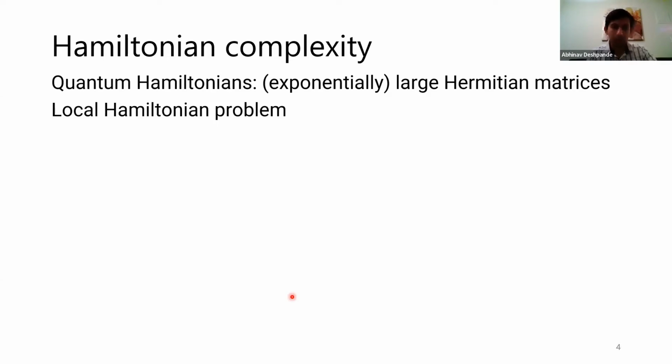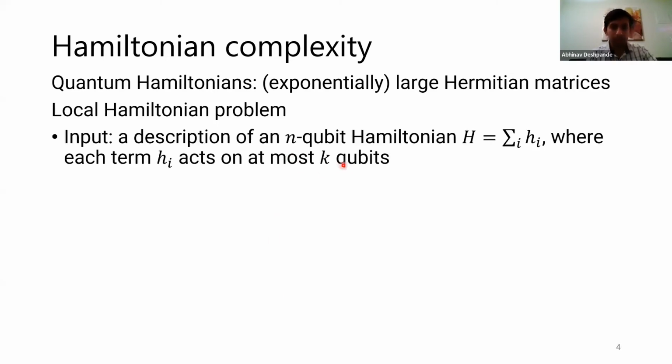So in this problem, we are given as input a description of some n-qubit Hamiltonian, H, which is a sum of local terms, Hi. And by local terms, I mean that each term acts on at most k qubits. And by this, I mean that it acts non-trivially on k qubits and acts as the identity on the other n minus k qubits.